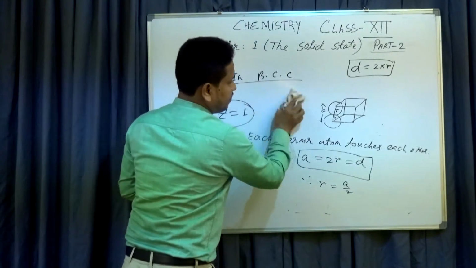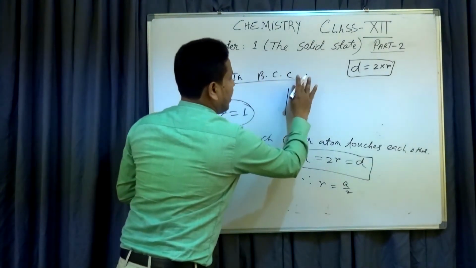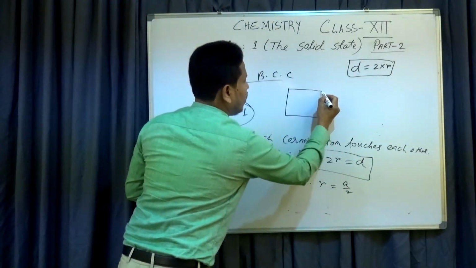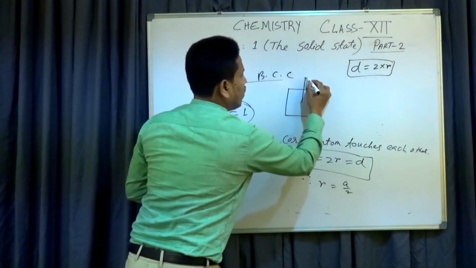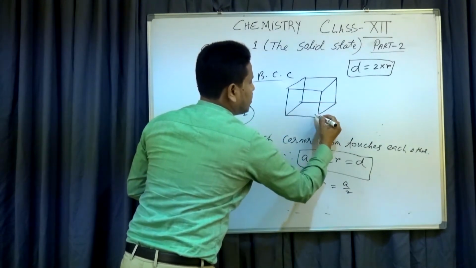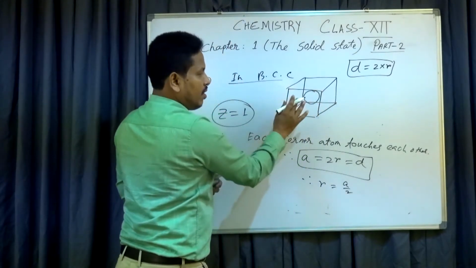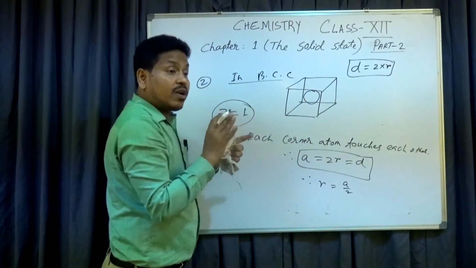I am writing here for BCC. Note down very carefully. A body centered cubic BCC unit cell. What will happen? Due to presence of the body center atom, the corner atoms are not touching each other.